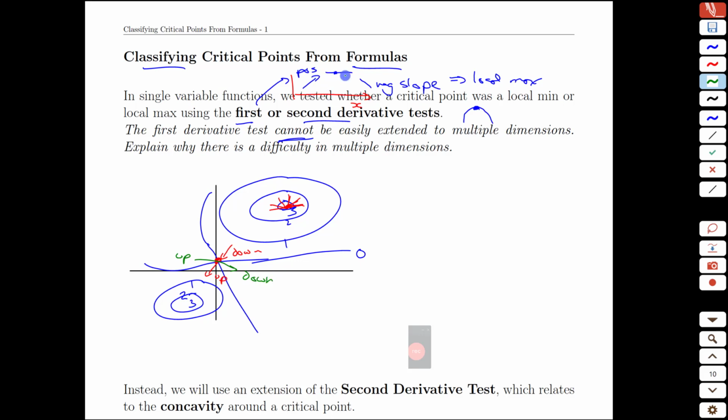All of a sudden, the logic underpinning the first derivative test, the function increases, hits zero slope, then goes down, doesn't extrapolate to this new problem area where there are lots of different directions. In single variable, there's one direction, increasing x. In multivariate, there's an infinite number of directions, so no more first derivative test for us. Fortunately, we have the second derivative test that we can fall back on, and it does have a nice analog in multivariate calculus.